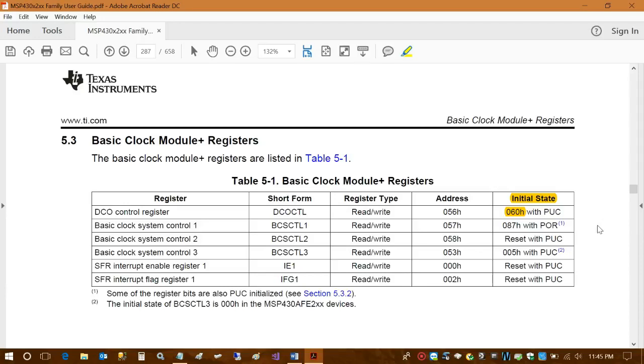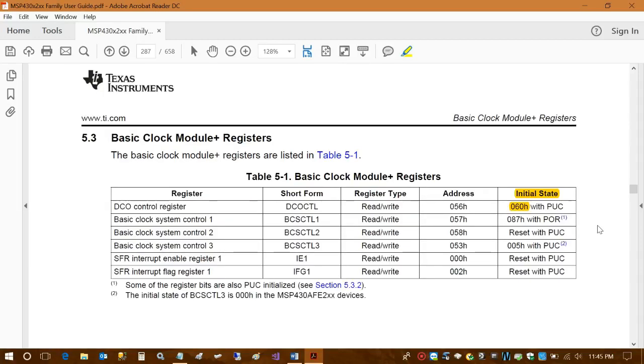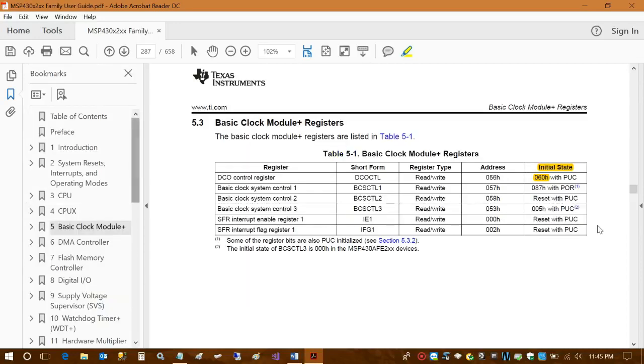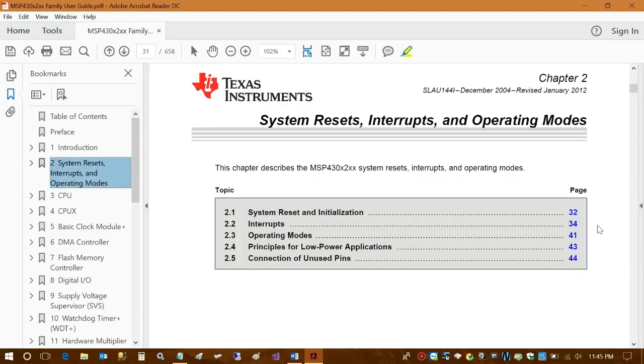And for the guys who are interested about the next session, well, I'll open the index for you. The next session will be on system resets, interrupts, and operating modes. This is the most important, most vital, and most exciting part of the MSP430.